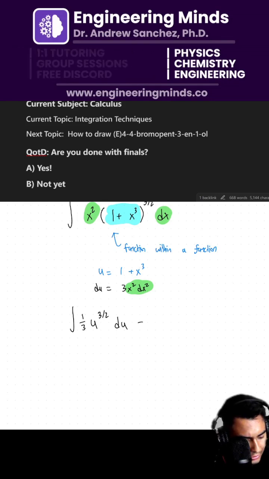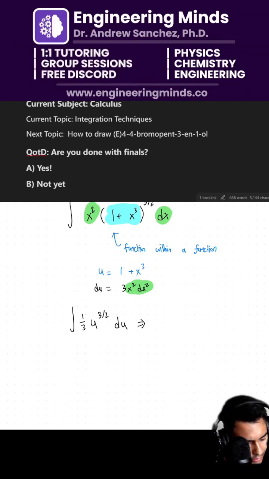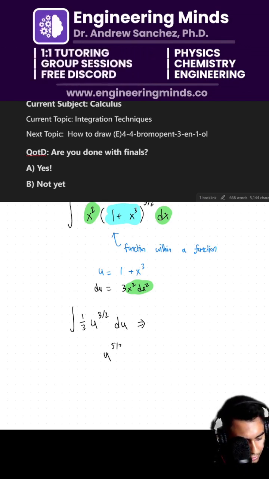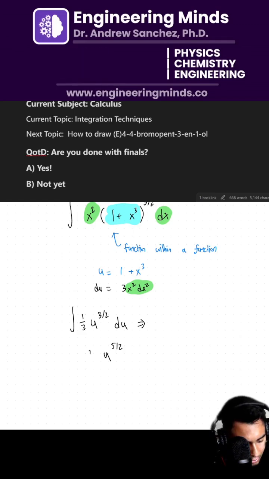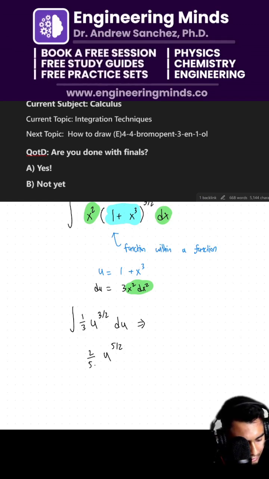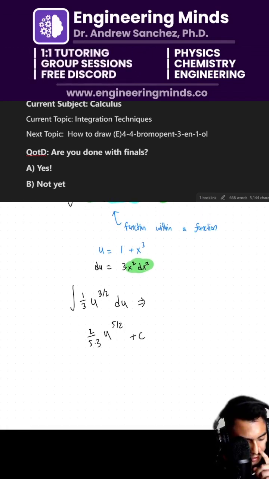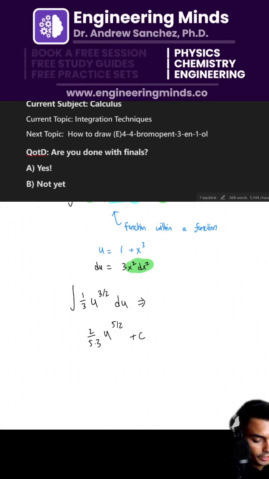And solve that. That's going to be u to the power, you add 1, which is a 5/2, times the reciprocal, which is a 2/5, times another 1/3, plus c. And just double check, that's true. 5/2 times 2/5 cancels out.